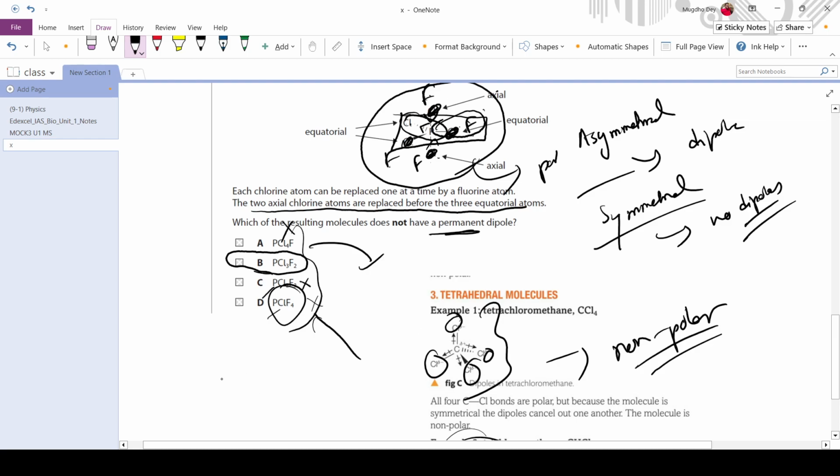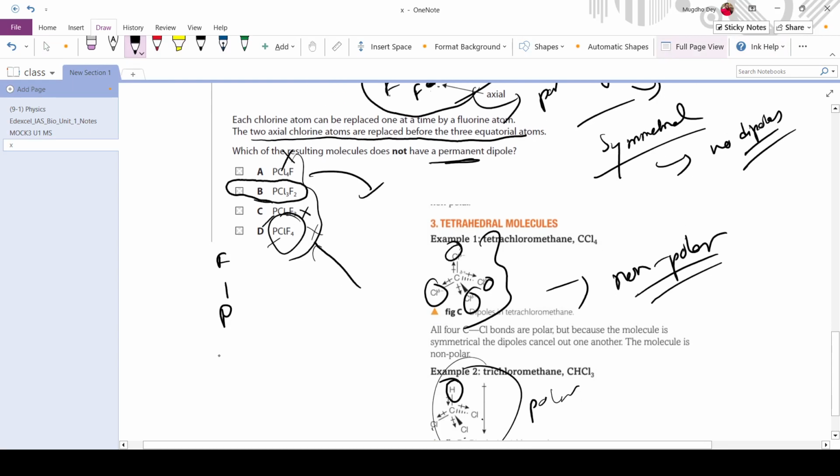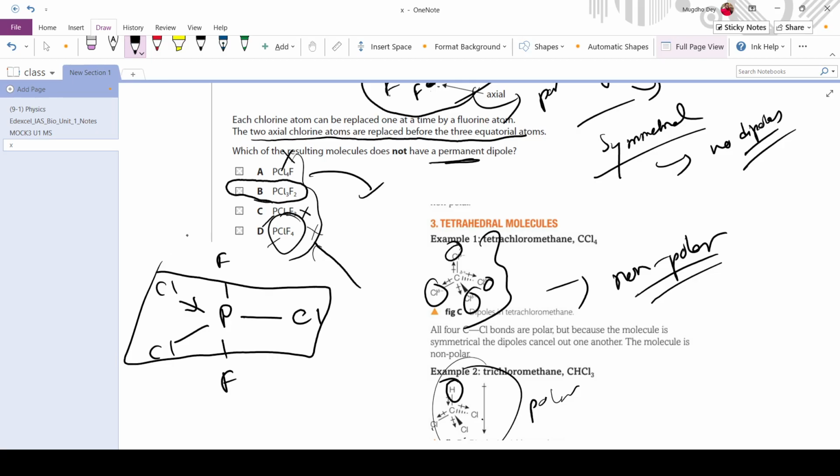And why is that the case? If we see clearly what is happening in B, the axial position chlorine atoms are just replaced while the equatorial chlorines remain. So it kind of makes sense. Both of the planes have symmetrical bonds, both of them have the same bonds, right?